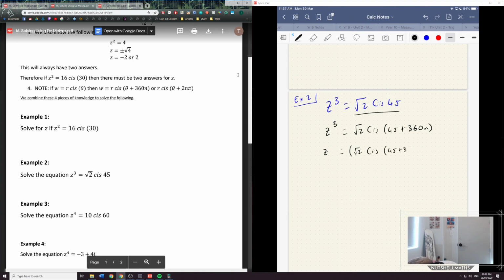(45 plus 360n), all to the third. Remember the opposite of to the power of 3 is to the third.